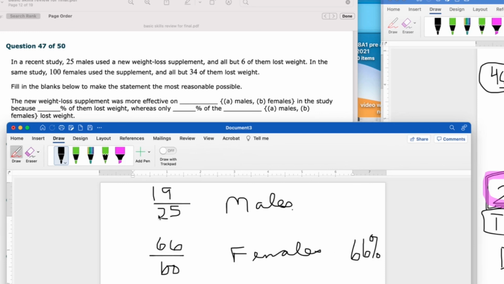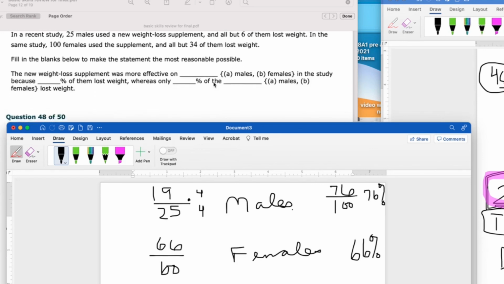Now, remember, an easy way to do this is multiply by 4 and multiply by 4 to get 100 on the bottom. And then 19 times 4 would be 76. So 76% of the males lost weight, and 66% of the females lost weight.